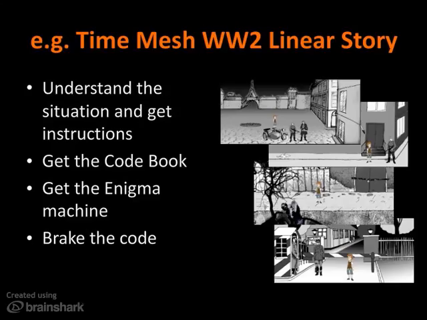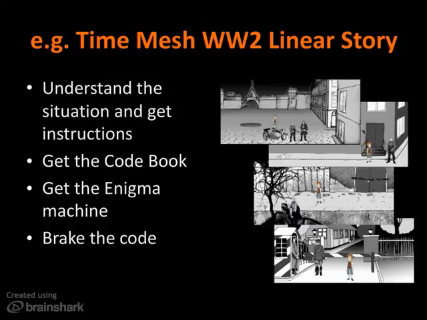For example, here you can see the Time Mesh World War II linear story. Basically, it has 3 acts in 4 different parts. The first act is the hook or introduction with complication, which contains understanding the situation and getting instructions.